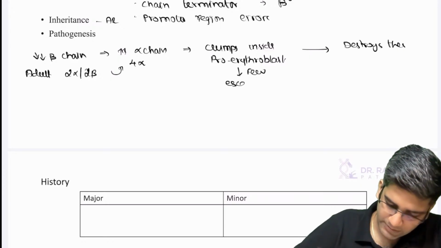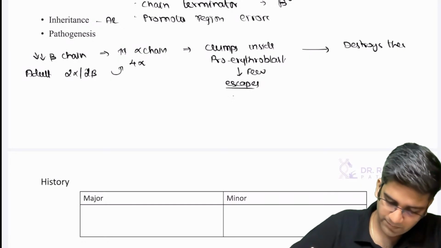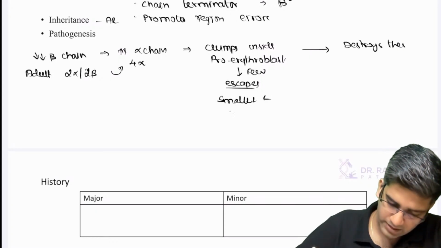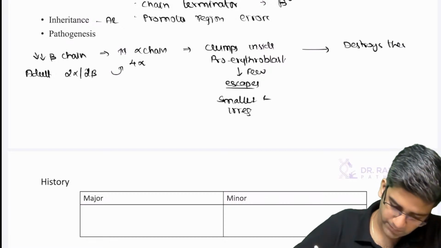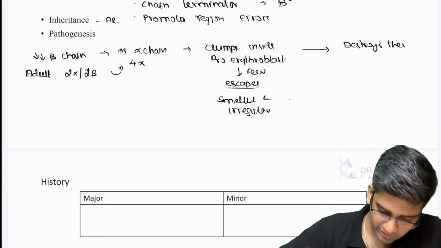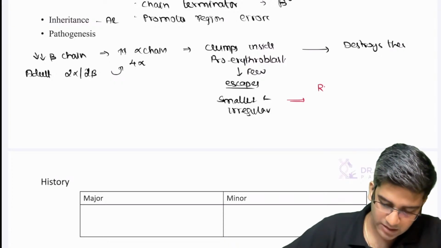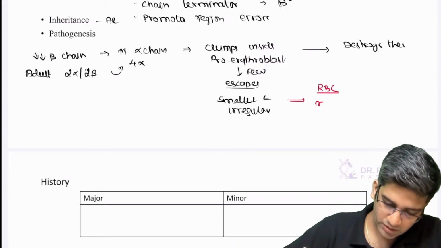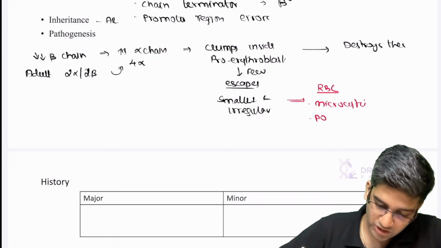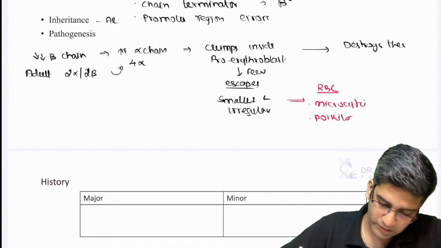Those which escape, unfortunately, will be smaller and irregular, because it's a damaged one, right? Since it's small and irregular, the RBC which is formed is also microcytic. Hypochromic is easy, it's extrapolated, and there is extreme anisopoikilocytosis.